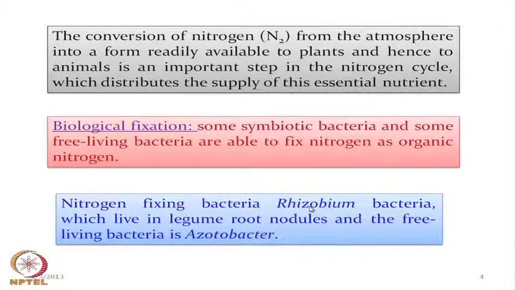One such bacteria is the rhizobium bacteria. From our early school days, we have been studying that rhizobium is present and is responsible for nitrogen fixing. So, these nitrogenases are available very easily with these rhizobium based bacteria, which are found in the legume root nodules of different peanut trees and others. There are also free living bacteria known as azotobacter.